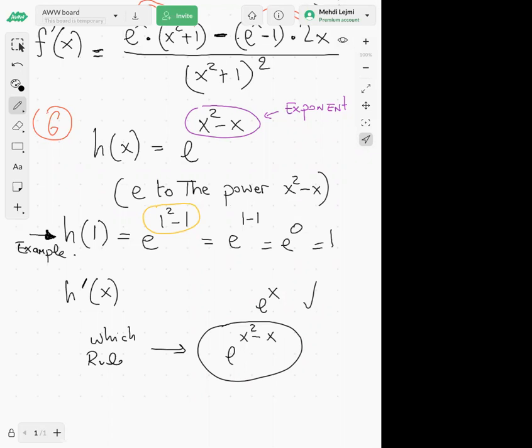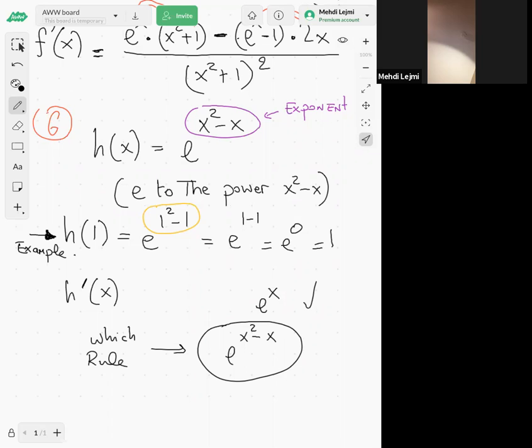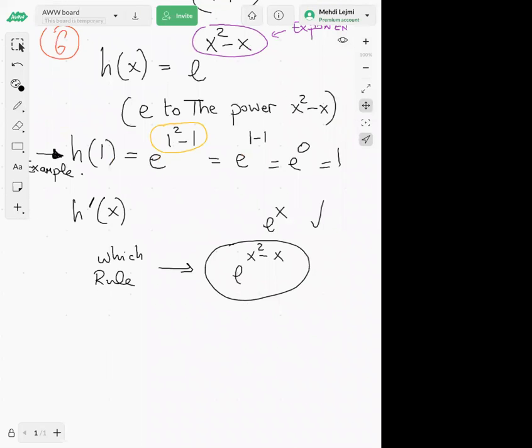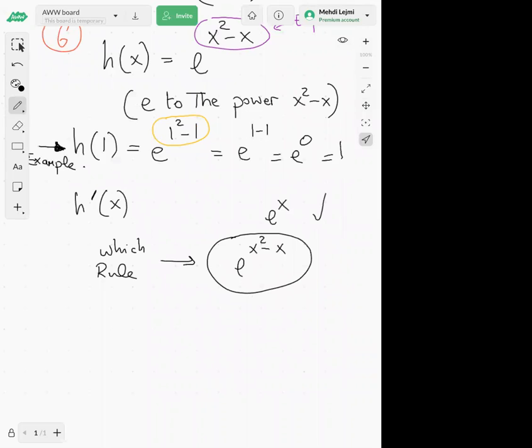Quotient rule. Do you see any quotient here? Do you see any fraction? We can bring the exponential of minus x to the denominator, having exponential x squared over exponential x.